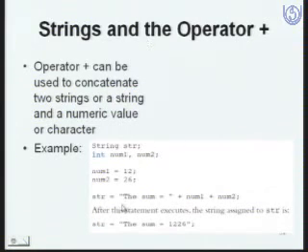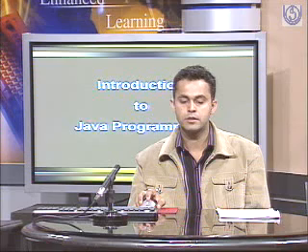For example, we are storing the sum in str, with num1 as 12 and num2 as 26, and we are using this plus operator for concatenating these two strings, and the result comes in str as "the sum is 1226".